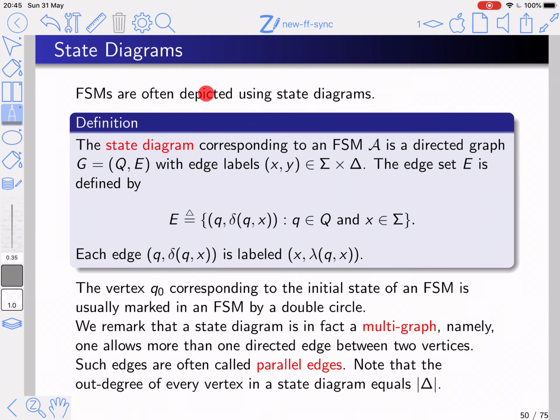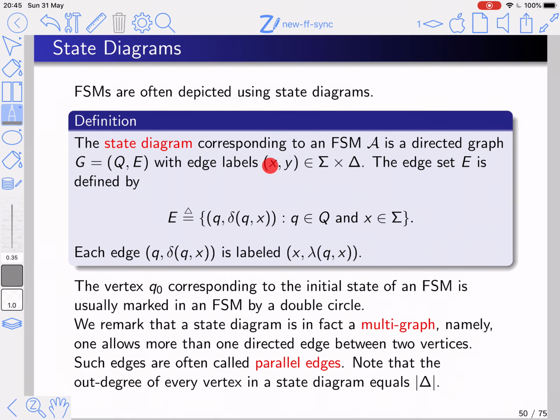One way to depict finite state machines is to use state diagrams. I actually showed you what a state diagram is a second ago, but let's define it formally. A state diagram that corresponds to a finite state machine A is a directed graph G, whose set of vertices is the set of states of the finite state machine A, and the set of directed edges E is given labels x comma y, where x is a symbol in the input alphabet and y is a symbol in the output alphabet.